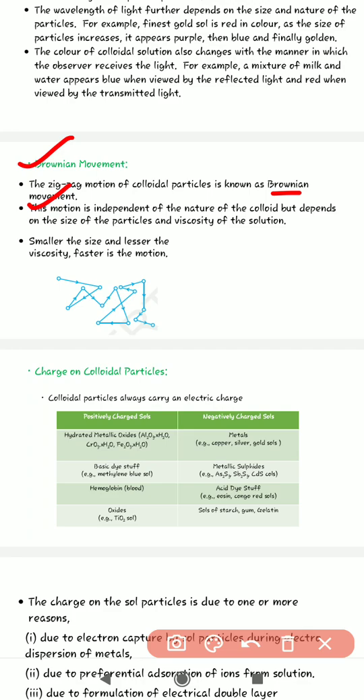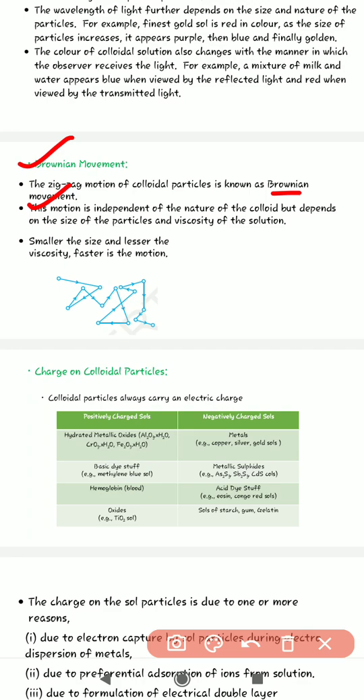This motion is independent of the nature of the colloid, but it depends on the size of the particles and the viscosity of the solution. The smaller the size and the lesser the viscosity, the faster the motion will be.